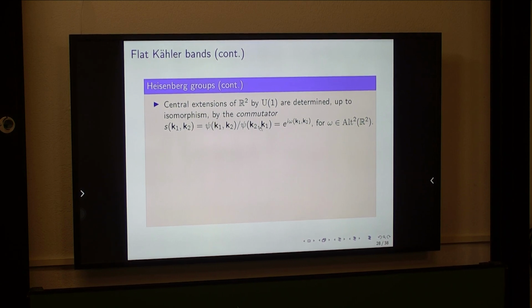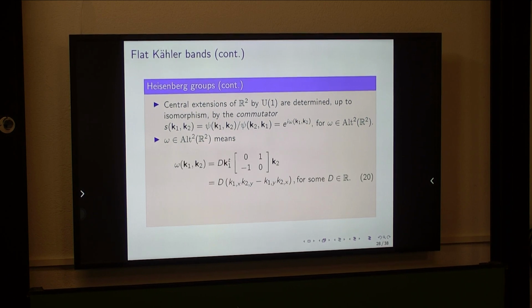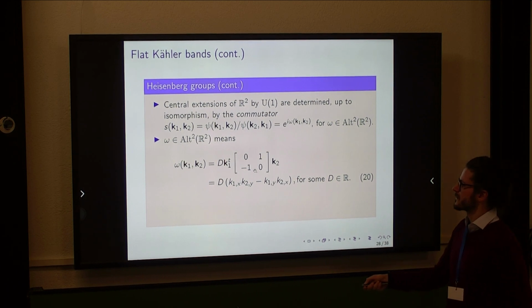Central extensions of R² are determined up to isomorphism by what is called the commutator, which is the ratio of psi of K1, K2, and psi with K1 and K2 flipped. And you can show, by the properties that these psi's have to satisfy, that this can be written in terms of a bilinear skew-symmetric linear map. This is a bit of jargon, because basically in 2 dimensions it's just this.